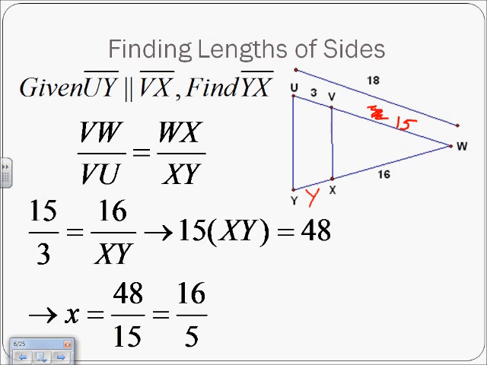Solving then, as I switch it over to the variable X, 48 over 15 simplifies down to 16 over 5. Again, the key is getting the proportion statement. If we know that 15 over 3 is equal to 16 over the length I'm trying to solve for, we can cross multiply and solve.